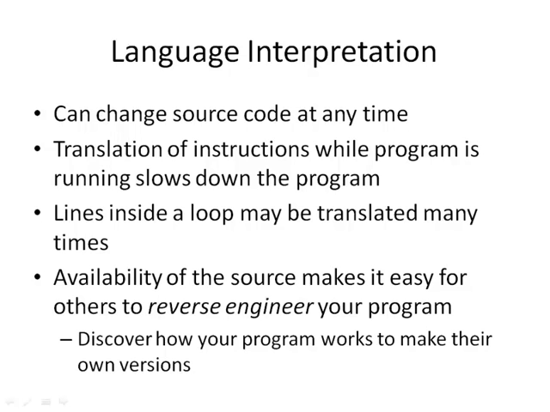So the lines inside the loop might be translated many times, and the availability of the source code makes it easy for others to reverse engineer the program to discover how it works and make their own versions or copies. So it's flexible, and sometimes they're easier to develop and test, but there are some downsides.